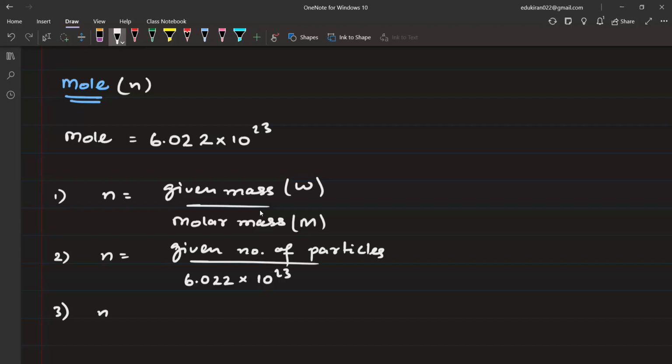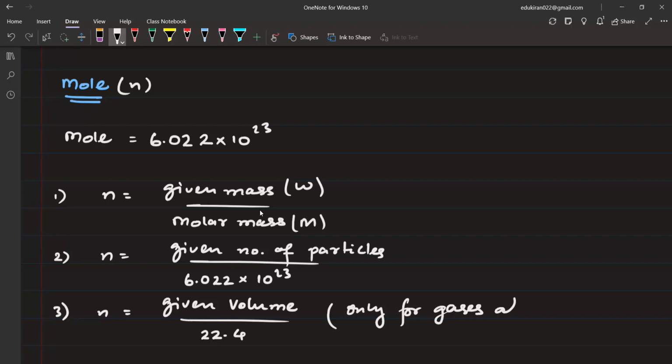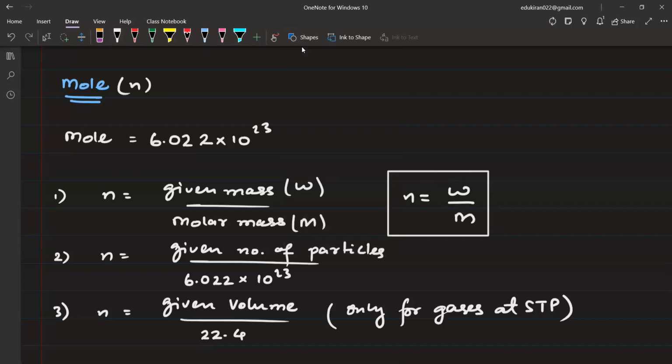Thirdly, number of moles is equal to the given volume divided by 22.4. Now this one is only for gases at STP. Remember the first one, this is very important: number of moles will be equal to the given mass divided by molar mass, W by M.